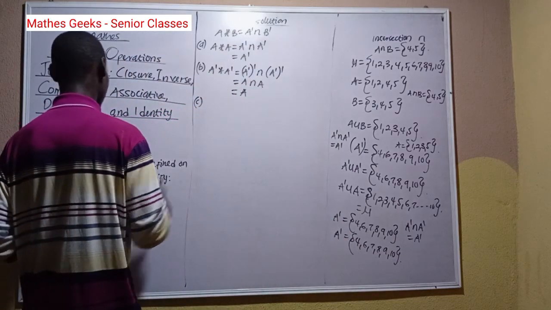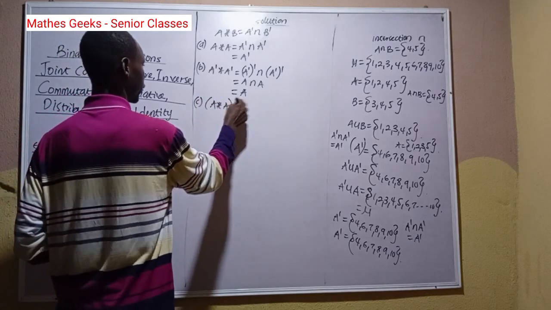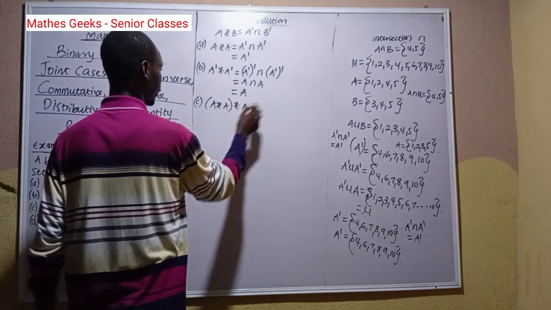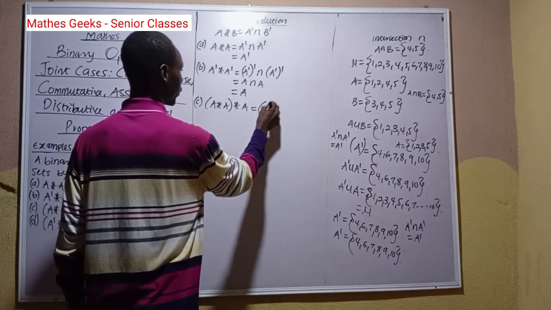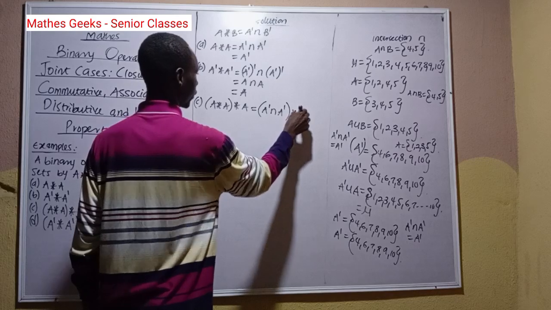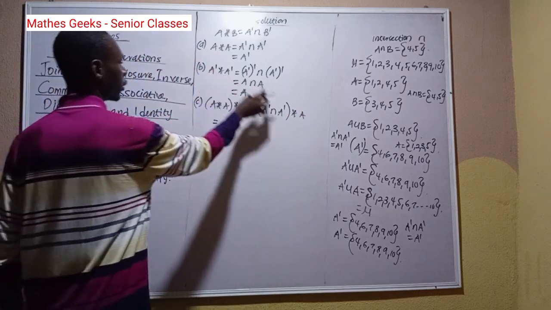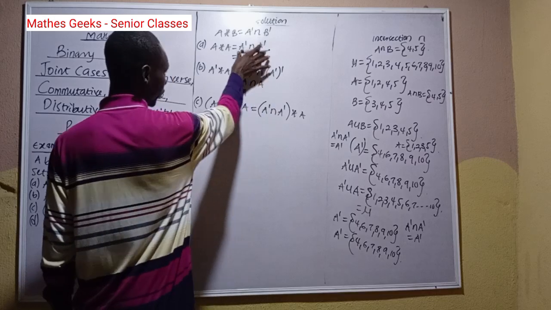Now, A star A star A will give us A complement intersection A complement star A. So A complement intersection A complement is exactly what we have here.